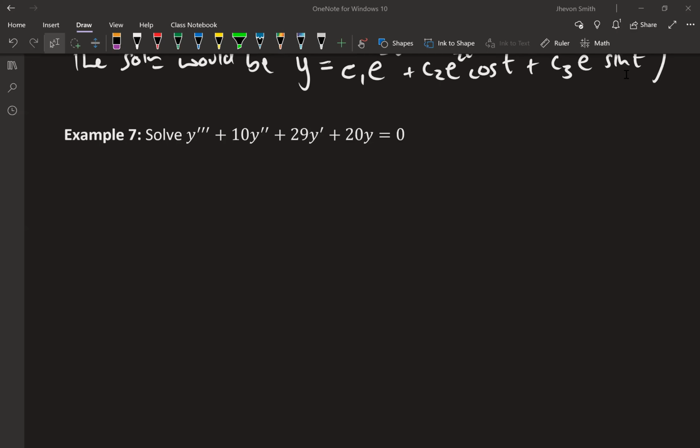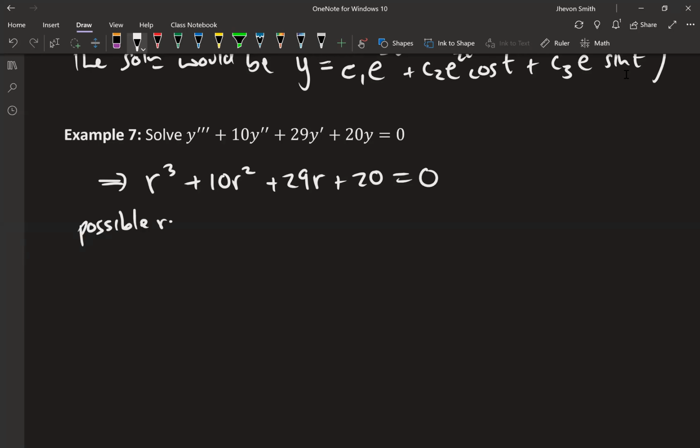So this would lead to the characteristic equation r cubed plus 10r squared plus 29r plus 20 equals 0. You notice it doesn't lend itself to factoring by grouping or anything like that very nicely. So at this point, I would go with possible roots.